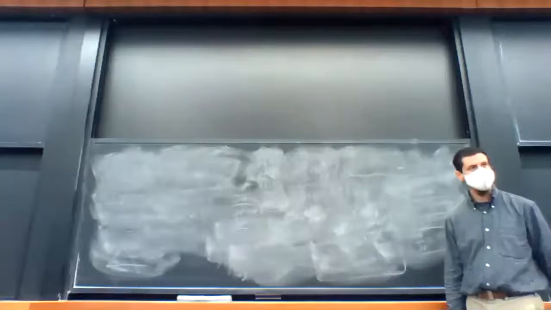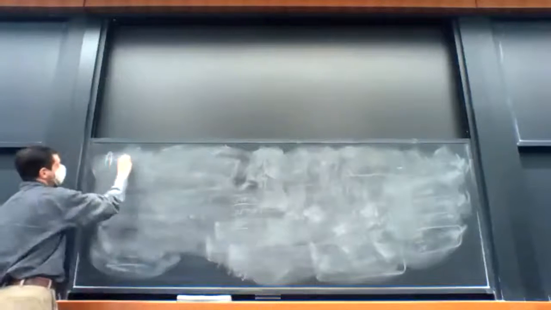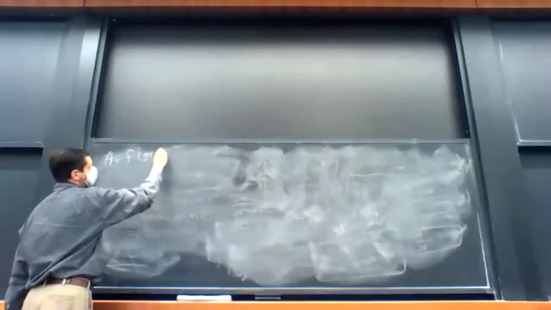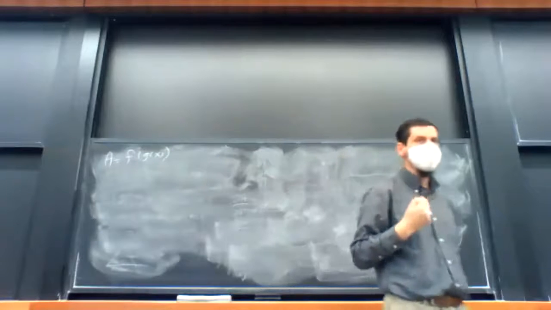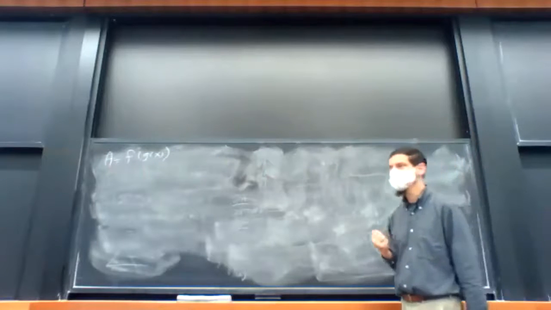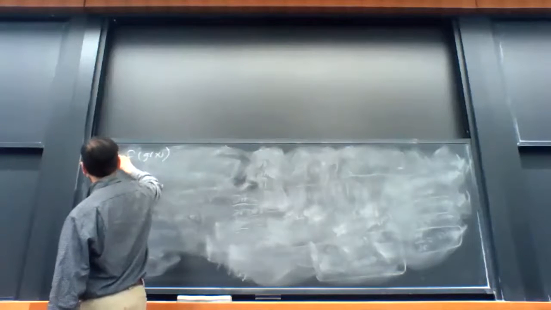So in the video, it talked about trying to build some intuition. So maybe we have a equals f of g of x. The goal is to start off with some functions f and g where we know what the derivatives are, and see if we can use that to sniff out what the derivative of a of x should be.